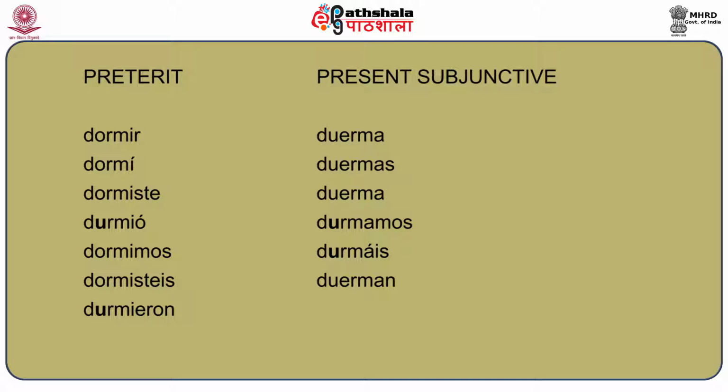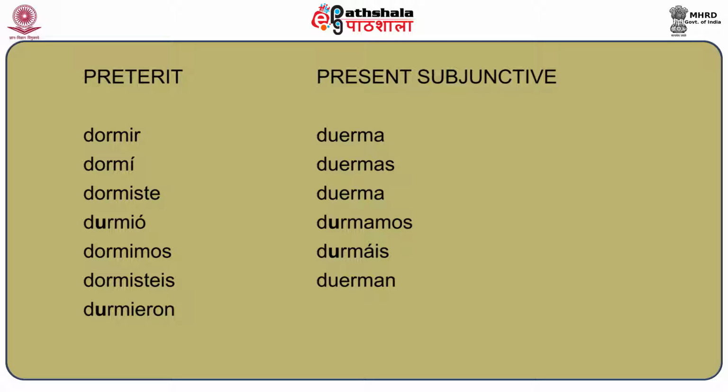As you can see, the third person singular él, ella, usted and the third person plural forms of ellos, ellas, ustedes have a change of the vowel from O into U, and it becomes durmió and durmieron respectively.